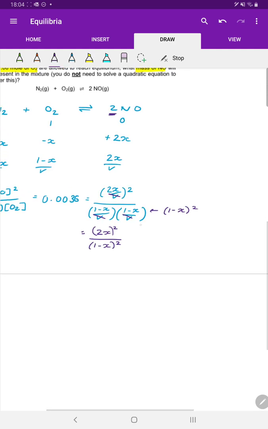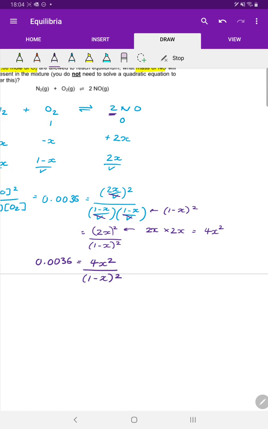Now I need to have a look at my top row. This is also the same as 2x times 2x, which is equal to 4x squared when it comes out of the brackets. Okay, so our equation now is 4x squared over 1 minus x squared is equal to 0.0036.